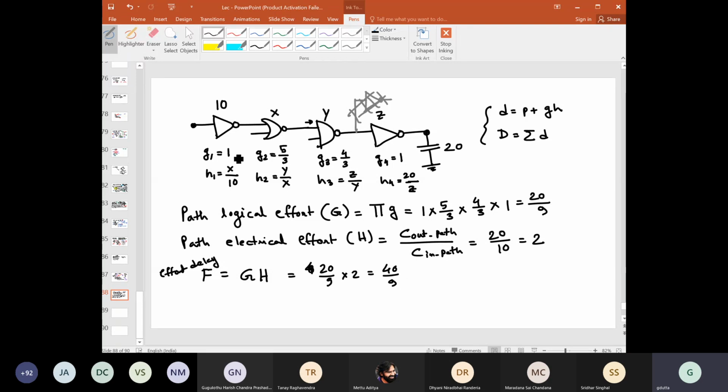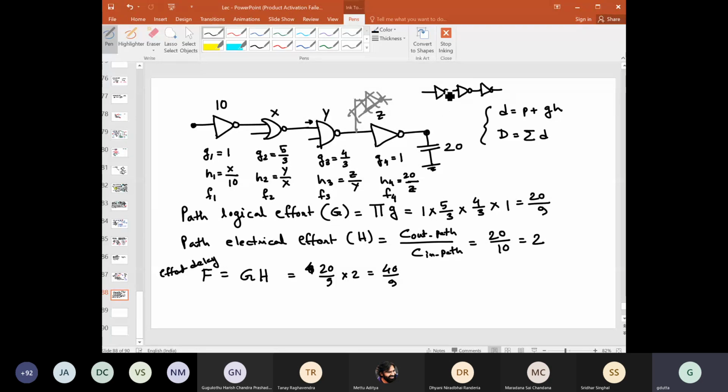Now, if you say that these individual efforts were F1, F2, F3, and F4, then we have seen, you try to recall the case where we have drawn this part, the chain of inverters. You can do the same way and try to find what the sizing of each inverter should be so that the delay is minimum.